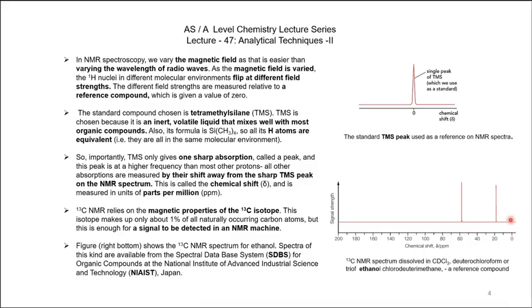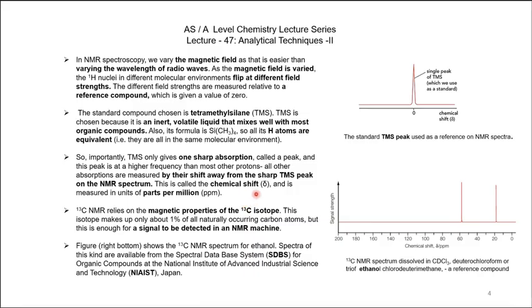So what we miss here is just the real peak. To make it more clear, in many books and many spectra, you don't see the standard reference peak, but you do see the zero value of this.